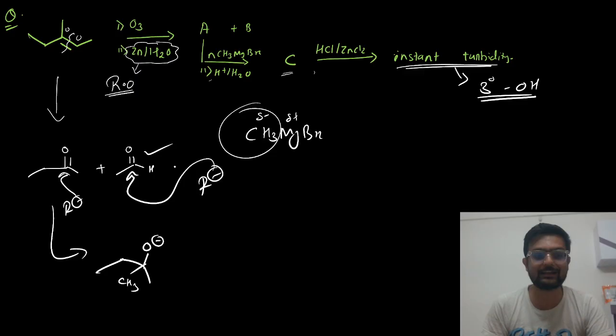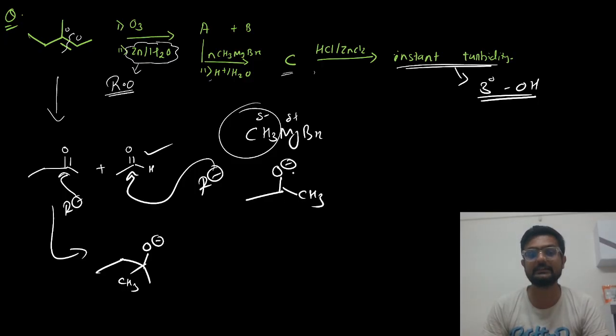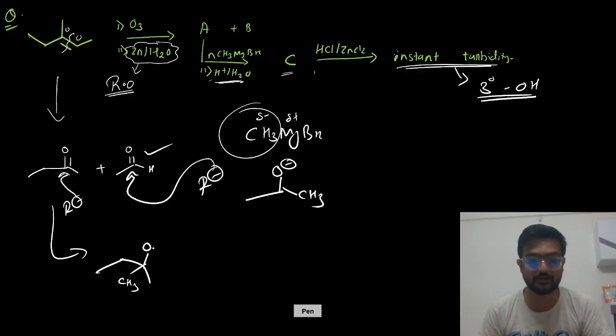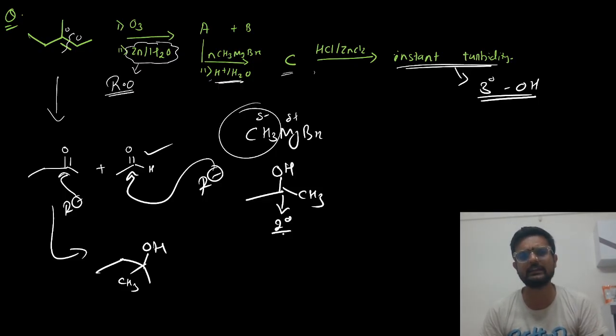If I attack the aldehyde, you get O minus here and CH3 here. In the next step, H plus water converts O minus into OH alcohol.